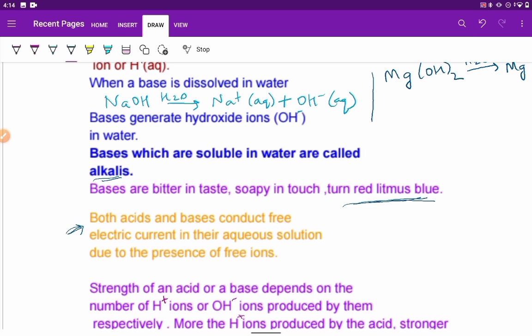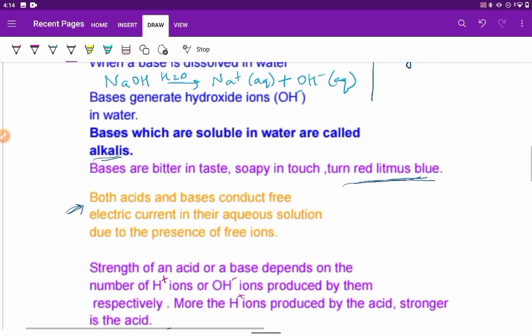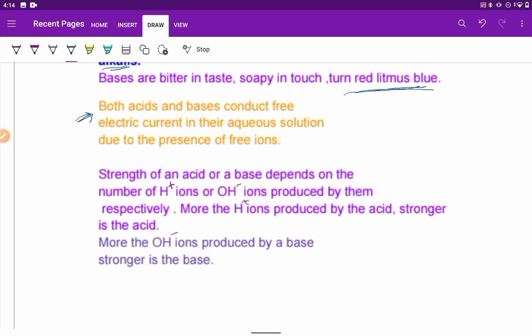Now see students, in every case of acid or base, the amount of H plus ions or OH minus ions produced is not the same, and that decides the strength of an acid or a base. So the strength of an acid or a base depends on the number of H plus ions or OH minus ions produced by them respectively.